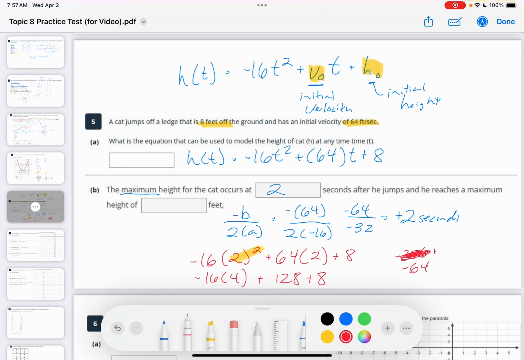Plus 128 plus 8. Negative 64 plus 128 plus 8 is 72. So we've got 72 feet in the air, 2 seconds after he jumps.